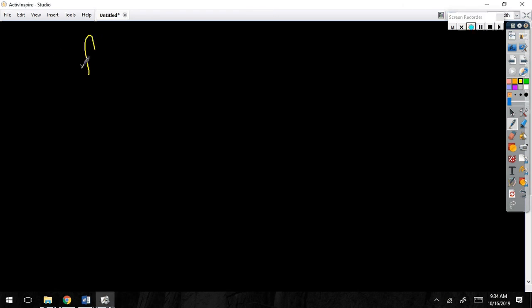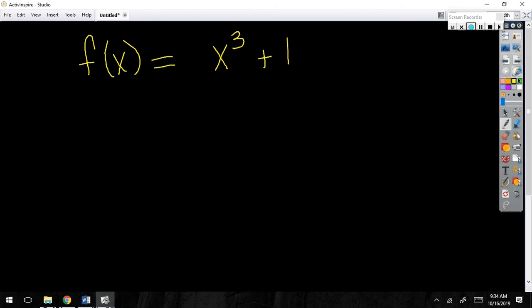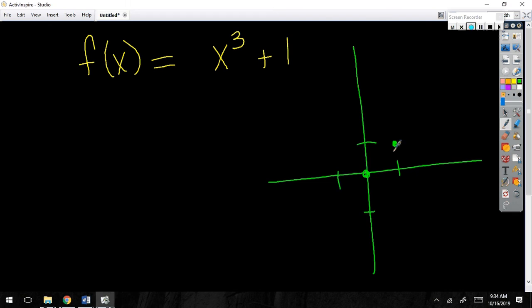Let's say I had, first of all, what's the parent graph? X to the third. It's the cubic, right? That's that one. The compressions and stuff are shrinks and stretches. Parent graphs don't have any compressions on them.